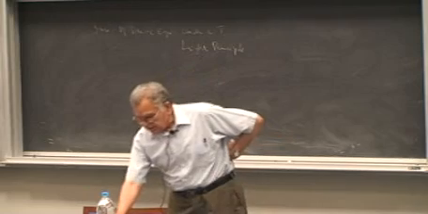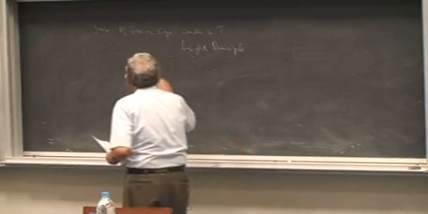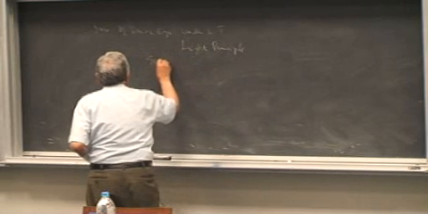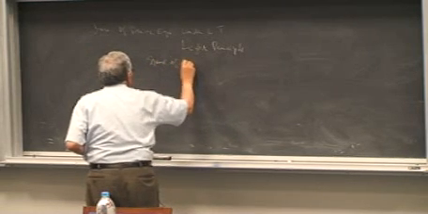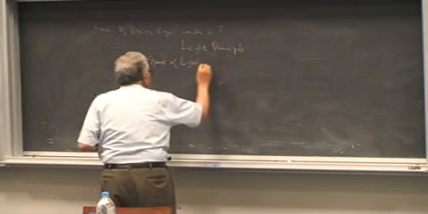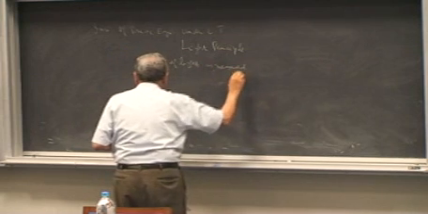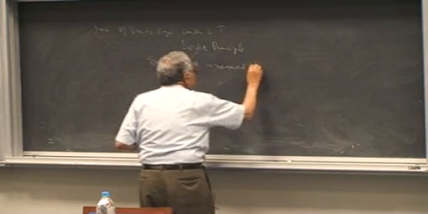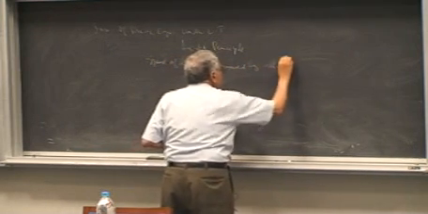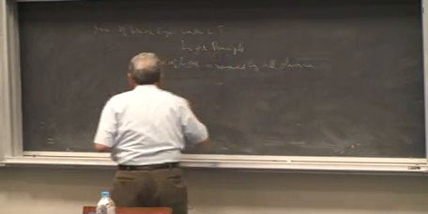And light principle is that the speed of light as measured by all observers is the same.